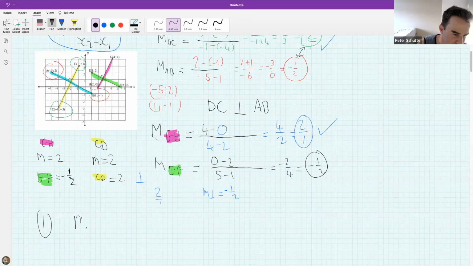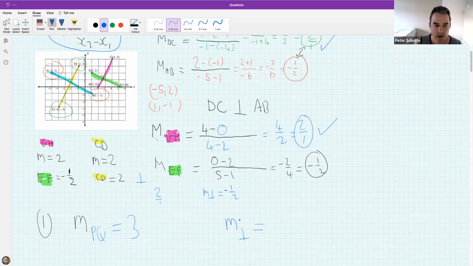Okay, I'm making this up now. This line will be, let's call it PQ. And I tell you that the gradient of PQ is 3. I then say to you that there's another line, and this line is perpendicular to PQ. What will the gradient of this other line be?